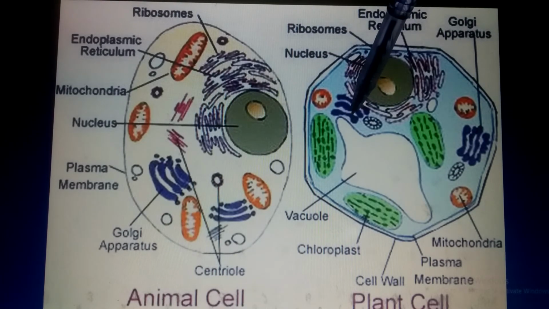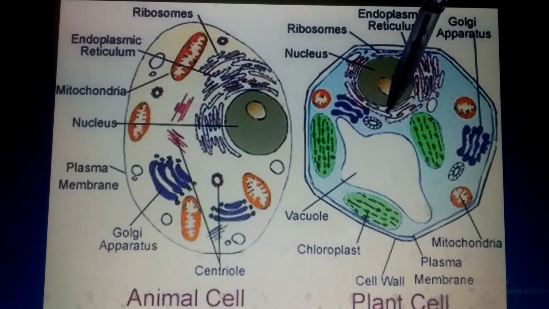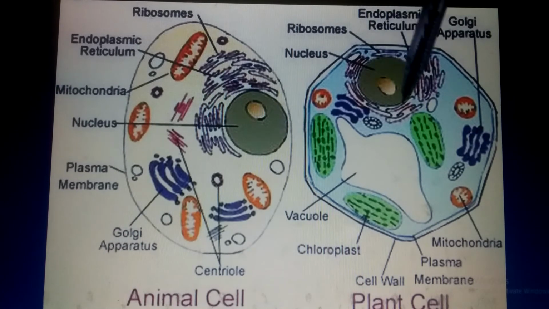So how does the plant cell divide? I will discuss it later on. So first difference cell wall, second chloroplast, third vacuole, fourth centriole. Is it clear? These are the differences between the plant cell and animal cell.